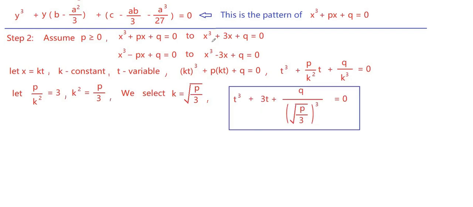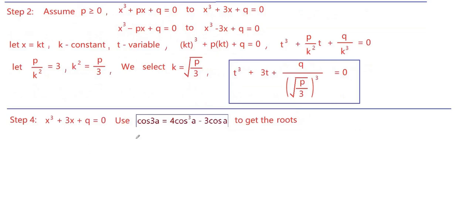This is exactly the pattern of 3x. For the case of negative, we can do the same thing and change it to minus 3t plus and so on. Step 4. We use this equation to get the formula for the 3x case.